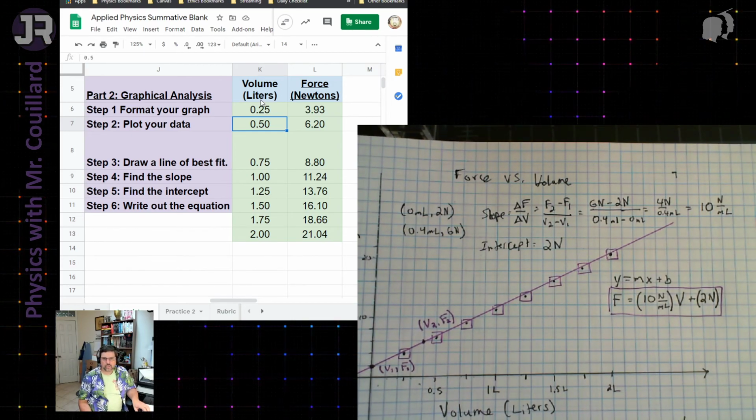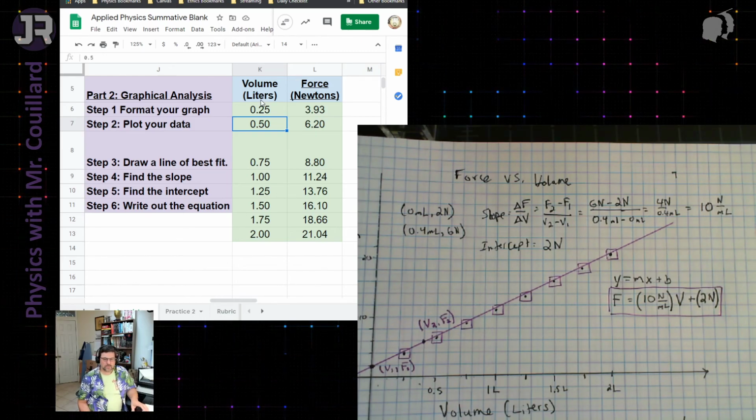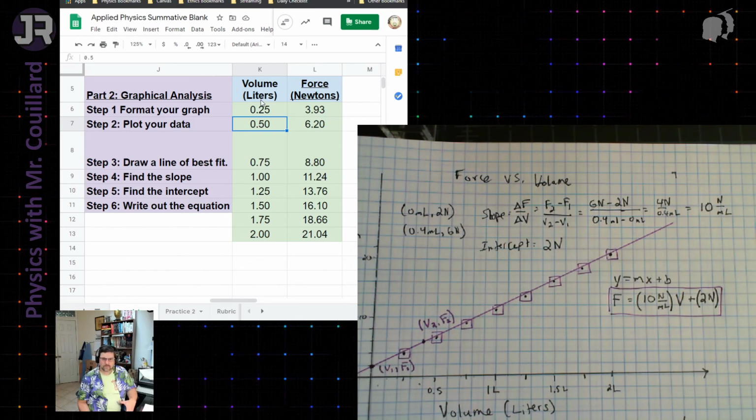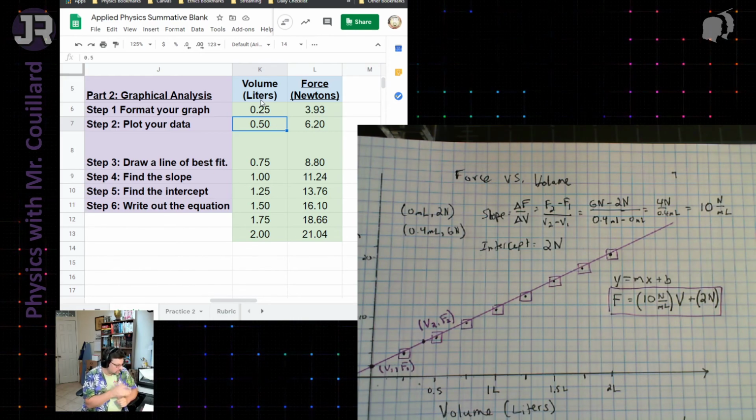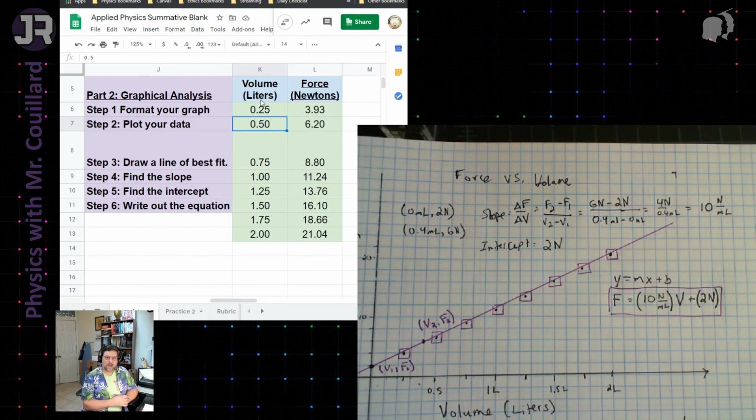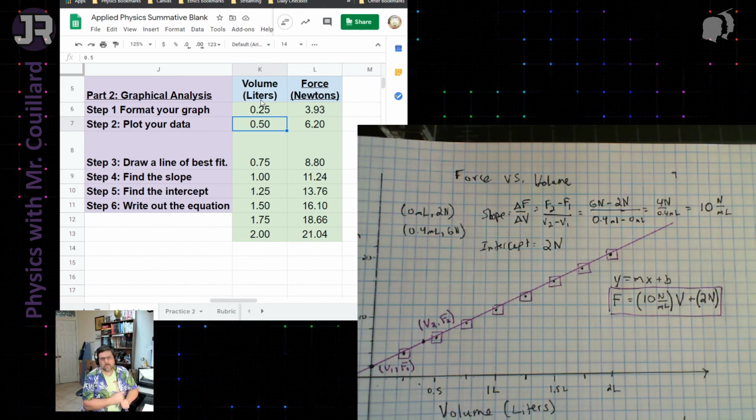Don't forget to look at the rubric that we're going to be using to do the scoring for this. But if you can do this, if your results are very similar to mine, then I would say you have a high degree of confidence going into the Bucket Lab Summative next week.